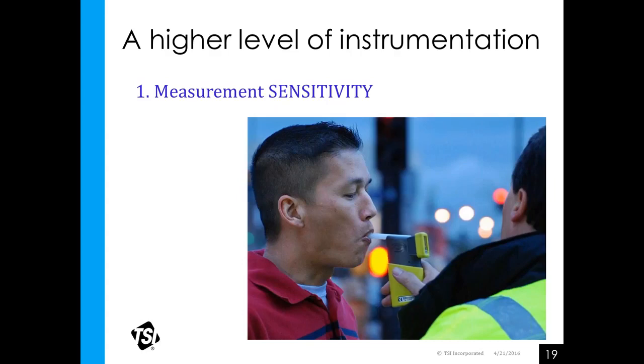Sensitivity is the smallest change in an input signal that causes the measuring device to respond. In other words, if an input signal changes by a certain amount, by certain sensitivity, then you can see the change in the digital data. So number one, is it sensitive enough to do the job?